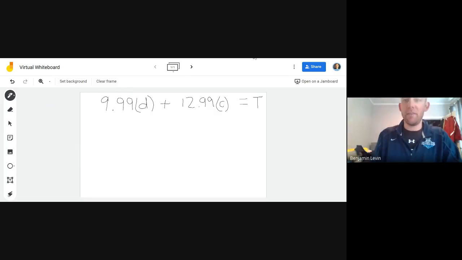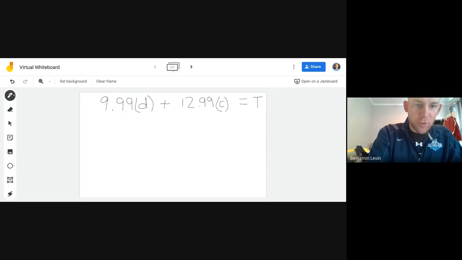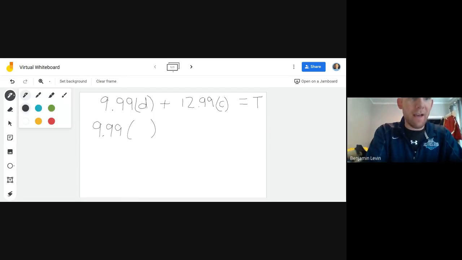Now, let's go look at the info. We bought 1.5 pounds of almonds, so we're going to end up doing $9.99 times 1.5. 1.5 pounds of almonds plus $12.99 times the amount of cashews, or cashews.